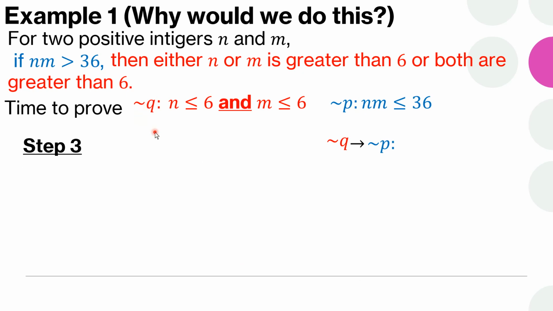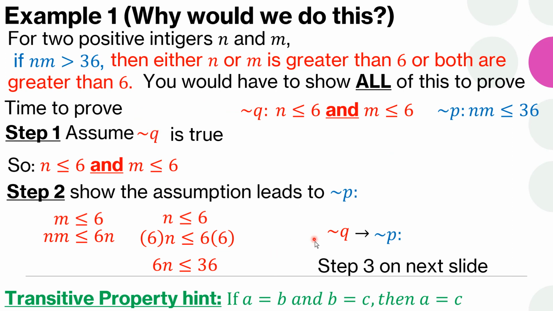By getting to this point right here, you showed that this is true because we started out with nm and were able to get to 36 just by multiplying both sides by n on this side, and multiplying both sides by 6 on this side, so we can connect the two. So you could use the transitive property and go from there.